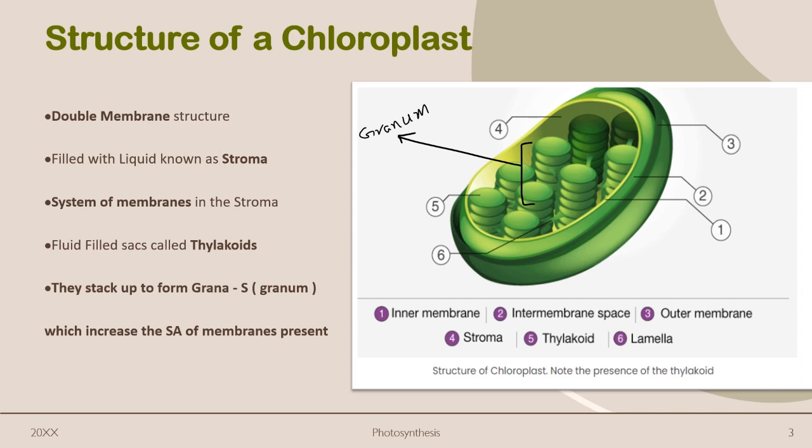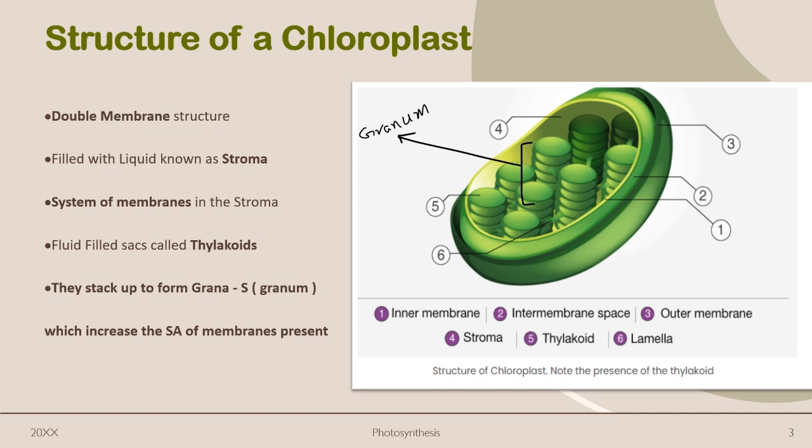Number two, intermembrane space. Number three, outer membrane. Number four, the stroma, all the cytoplasm of the chloroplast, you guys can say. And number five, the thylakoid. Number six, the lamella. And granum is the stack of the thylakoid membrane. Remember that granum is the stack of thylakoid membrane.